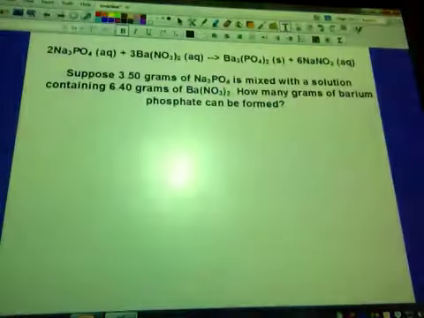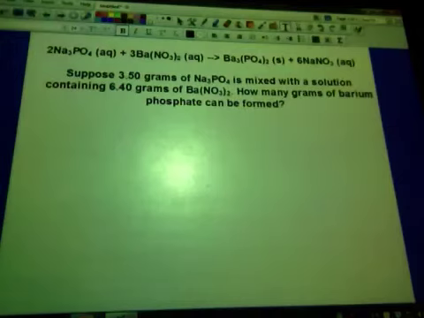Okay, so now I want to do another example with limiting reactants and excess reactants, so that way you have another example of this. So let's say this is the reaction that you're given. You're given sodium phosphate reacting with barium nitrate to produce barium phosphate and sodium nitrate.